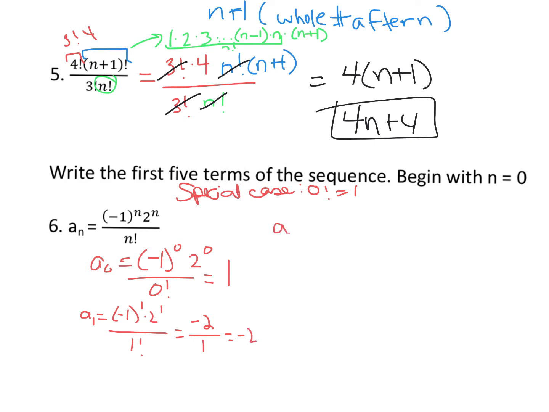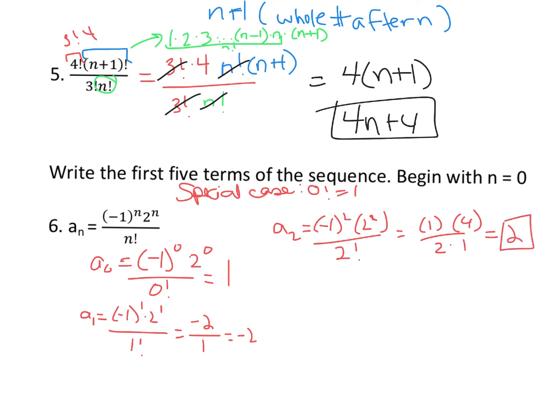For A2, I get negative 1 squared times 2 squared, all over 2 factorial. That gives me 1 times 4 over 2 times 1. So my final answer for that one is positive 2. A3, you'll notice I'm doing the same idea.